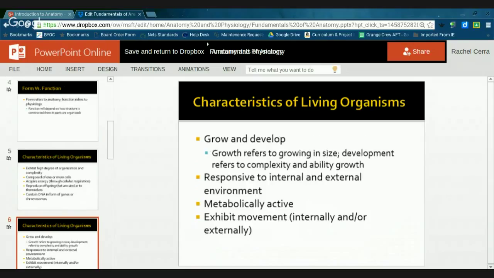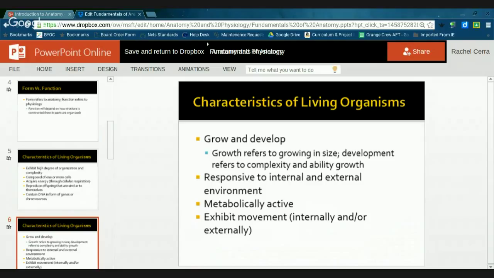So, number 6, they have to be able to grow and develop. So when I say grow and develop, it's 2 separate things, although sometimes you think of them as being very similar. Growth is referring to getting larger in size, so all infant organisms are smaller than their parent organism.